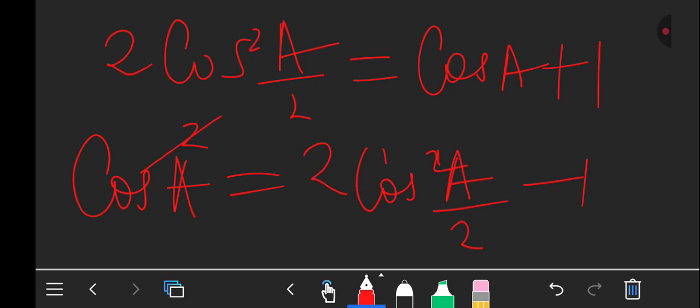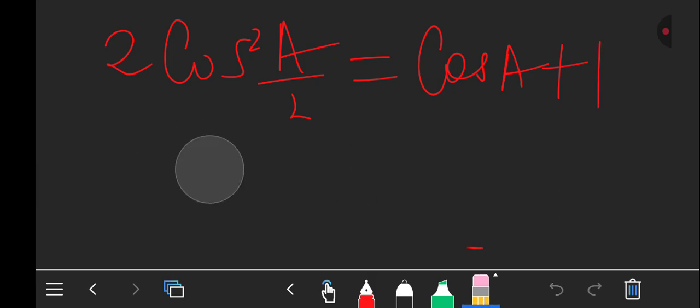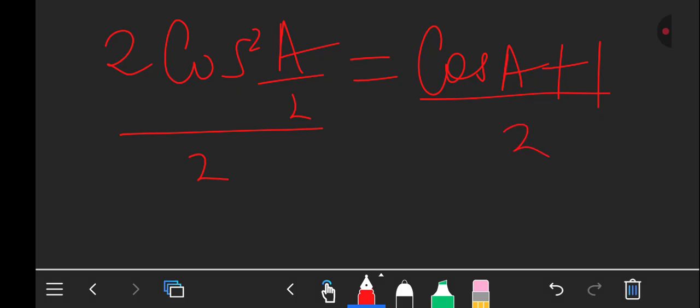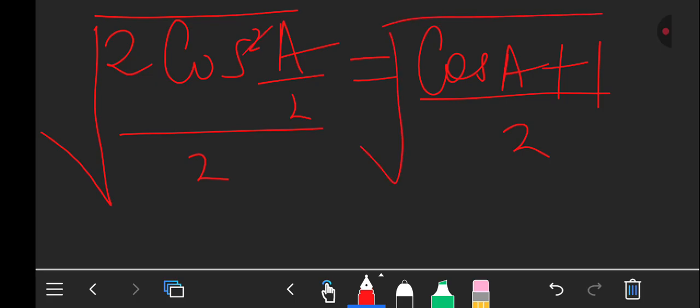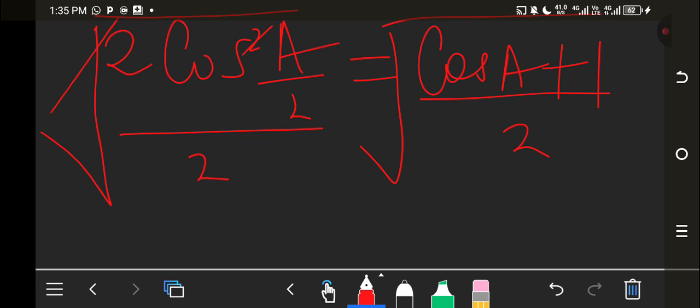So what we can do here, we divide on both sides by 2. To get rid of the square, we can just find the square root on both sides. So that square will cancel with the square root.